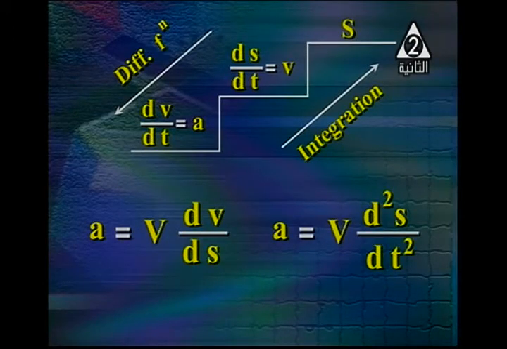When you use the first, we are given dv by ds and the velocity. But when you use the second, we find ds by dt and its derivative. After that, multiply by v to calculate the acceleration a.